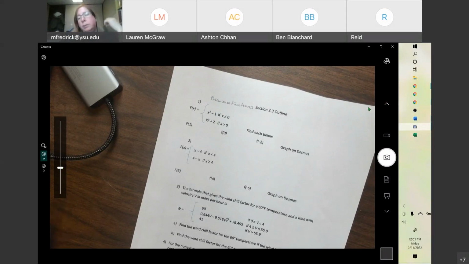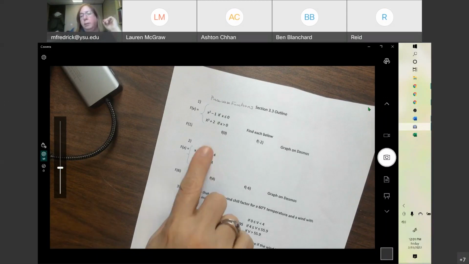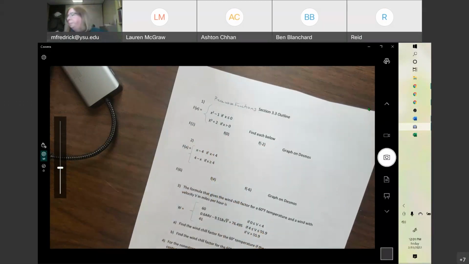And to graph them, we're going to use Desmos, but first I want to make sure you understand plugging in values to them.